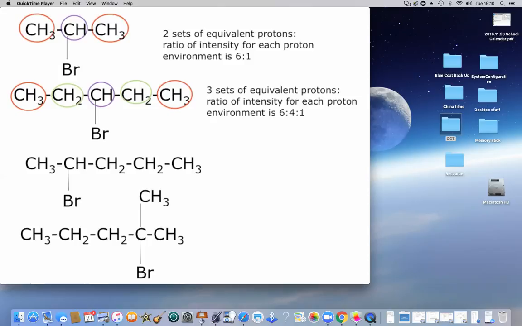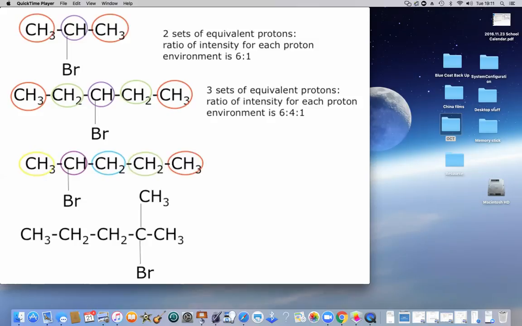So let's go through. This time, if we look at the red and the yellow methyl groups, they're not equivalent because one of them is bonded to the green CH2 group and the other is bonded to the purple CH, the hydrogen bonded to carbon, which is bonded to bromine. And we have another CH2 group in the middle in blue, which is different to the green one.